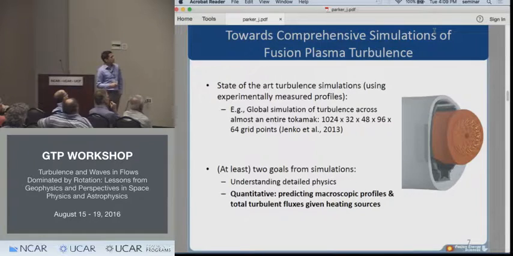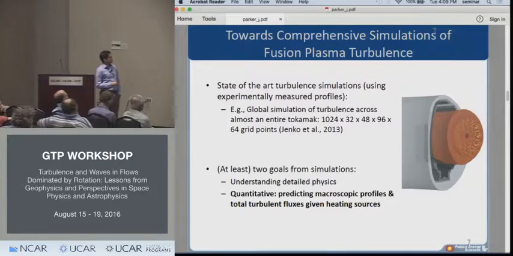They were able to simulate almost the entire machine radially using about 10 billion grid points. This is not to say that all the physics is understood or incorporated into these simulations, but they're pretty good and they're always getting better.